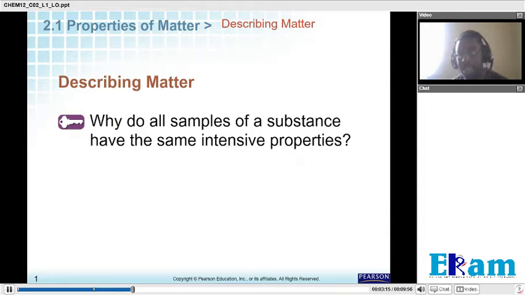There are what are called intensive and extensive properties of matter. As we go through this lesson, you're going to know what these properties are. You're going to know why a particular object has certain intensive properties and why it has certain extensive properties.